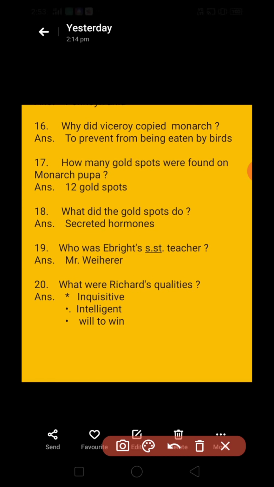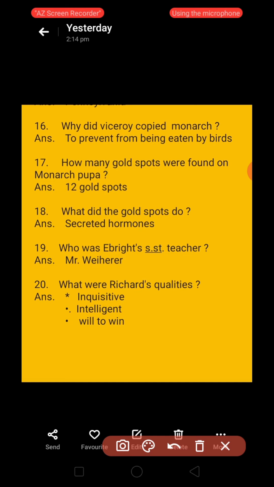Next question is, why did the viceroy copy the monarch? So dear students, you have to remember that viceroy and monarch are two kinds of butterflies, and the monarch was not tasteful to the bird.